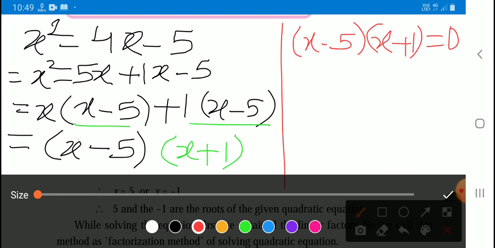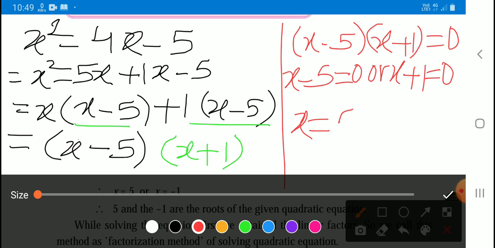That means x minus 5 is equal to 0 or x plus 1 is equal to 0. So the value of x is equal to 5 or x is equal to negative 1. Okay, these are the solutions of the given equation.